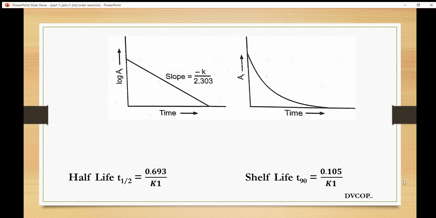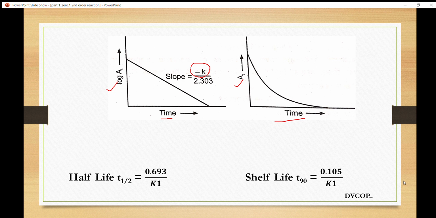This is the graphical representation of first order reaction. On the x-axis we plot the time and on the y-axis we plot log a or only a, that is the concentration of reactant. As time passes, the concentration of A reduces, and the slope of this graph gives the value of minus K divided by 2.303, where K is the reaction rate constant for a first order reaction.